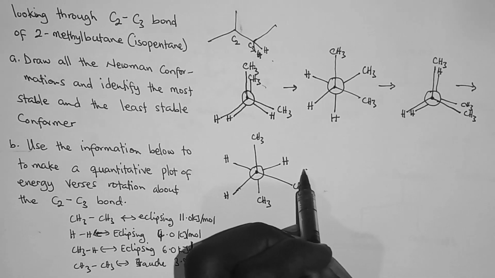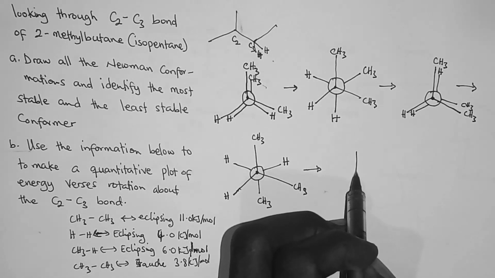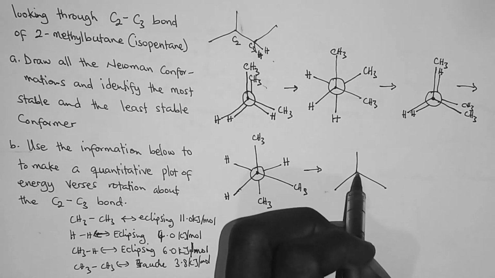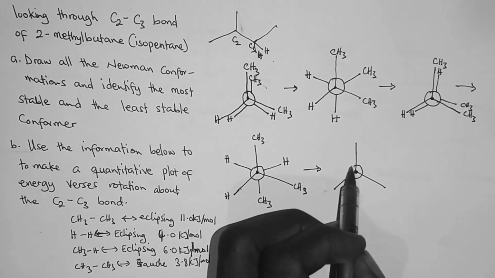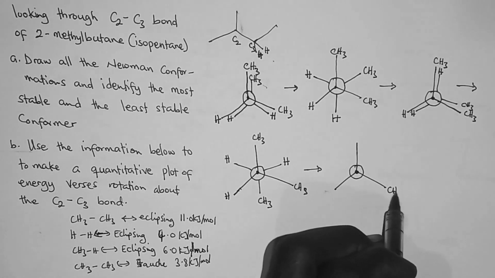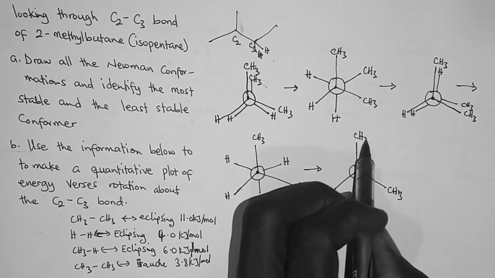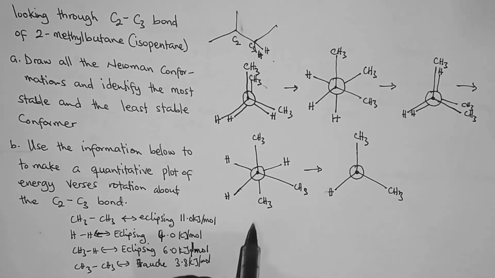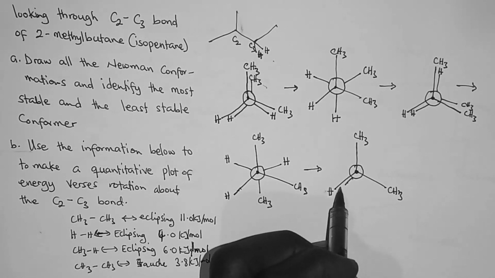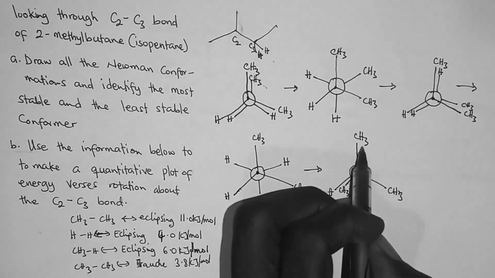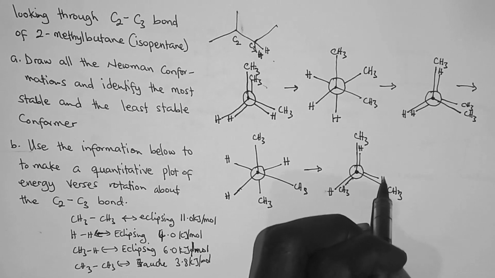Then we can continue again by doing another 60 degrees rotation. So this is the C2 carbon, and then this is the C3 carbon. So here is CH3 again, also a CH3, and then this is a proton. And when we rotate, this CH3 comes to the side. So here is a CH3, and then here is a proton, and then this is also a proton.